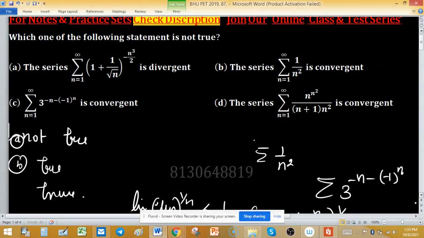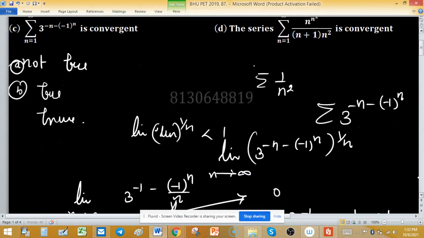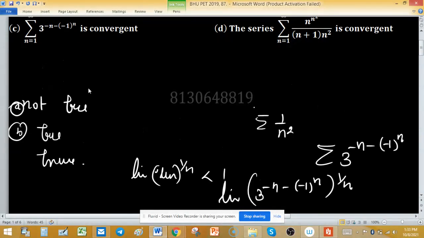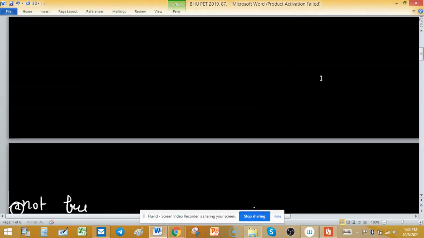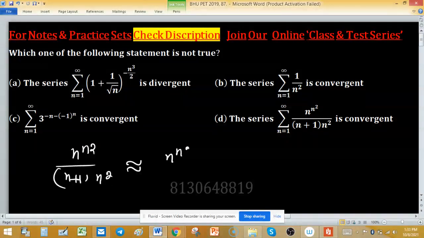Now check statement D, which is saying summation of n raised to the power n square upon n plus 1, the whole raised to the power n square. In this statement, n square upon (n plus 1) to the power n square is approximately equal to n square upon n to the power n square.